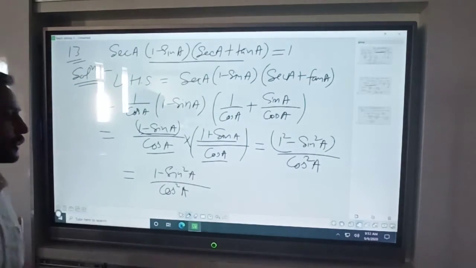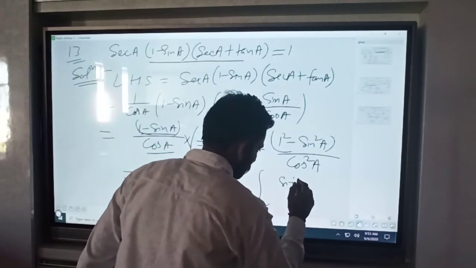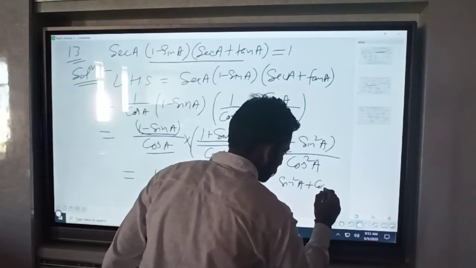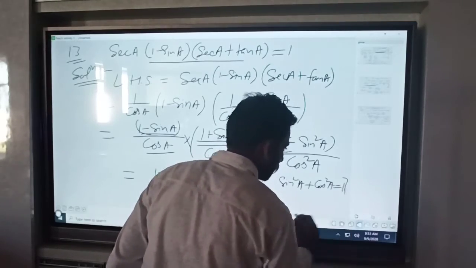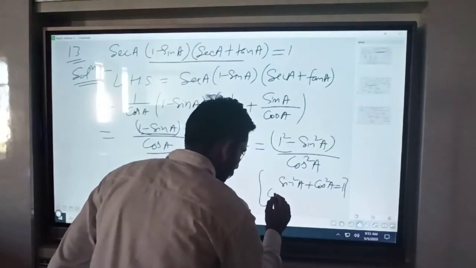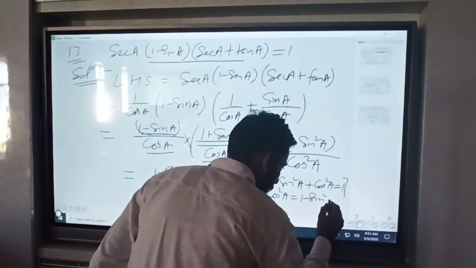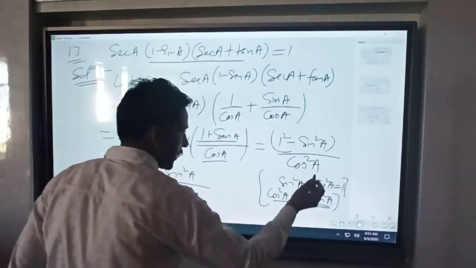Now by using the trigonometric identity, sin square A plus cos square A is equal to 1. From here we can find the value of 1 minus sin square A. From here cos square A is equal to 1 minus sin square A. So use this.